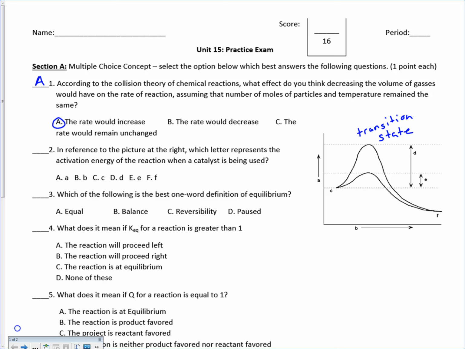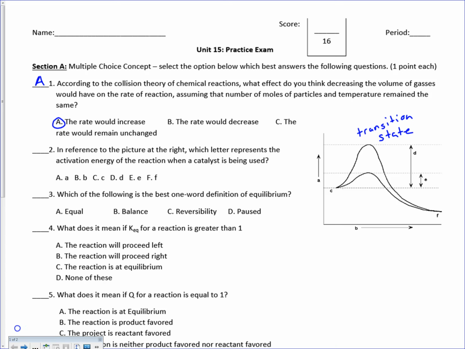In this case, this is an exothermic reaction because the products end up having less energy than the reactants do, so they release energy to the environment. The reactants hit each other, bounce up to the transition state, and then fall back down to the products. That transition state is the high point of energy there.